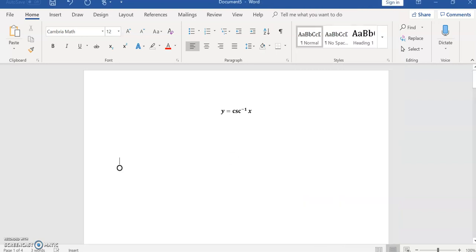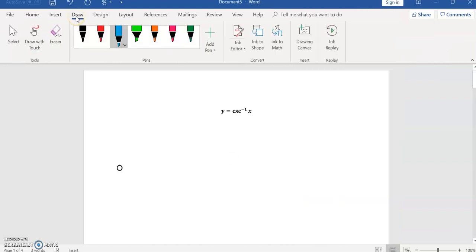Now to put this into your calculator, the reciprocals aren't as straightforward as they are when you were using standard trig. So I'm going to rewrite this by the definition: cosecant y equals x.